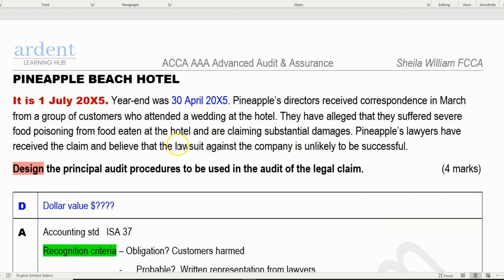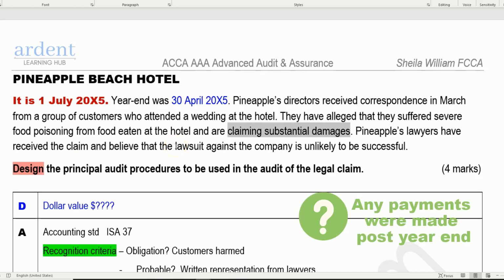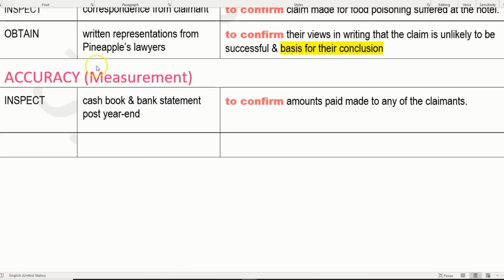But then sometimes we don't know whether later on the hotel decided to compensate these people. So we've got to see whether any payments were made post year end. And so from the cash book and the bank statement post year end, we're going to inspect that to confirm the amounts paid to any of the claimants if there was a payment made. Of course, there's also a possibility that no payments were made.